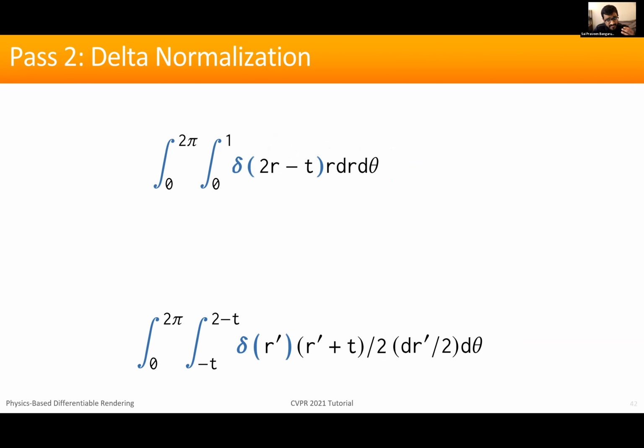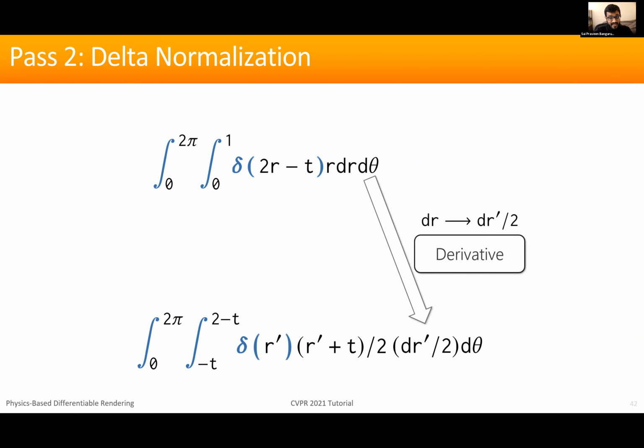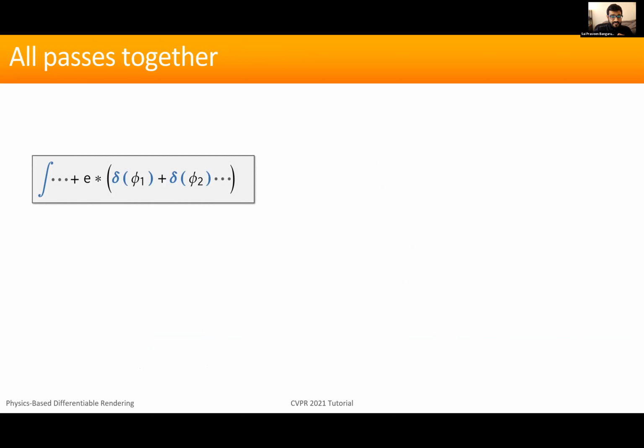Our automatic differentiation approach applies the change of variables to the bounds of integration and the delta, and then it has to substitute the old variables for the new variables using the inverse mapping. And finally, we handle the Jacobian using the derivative of this change of variables. At this point, the delta is in a single variable of integration, and we can just use the sifting property to eliminate it.